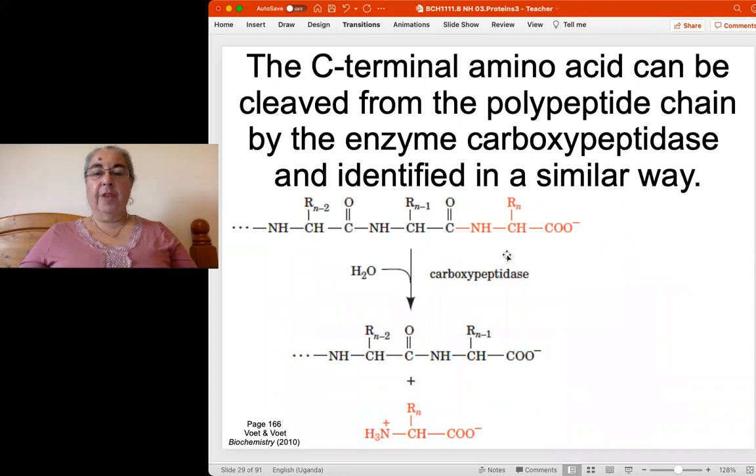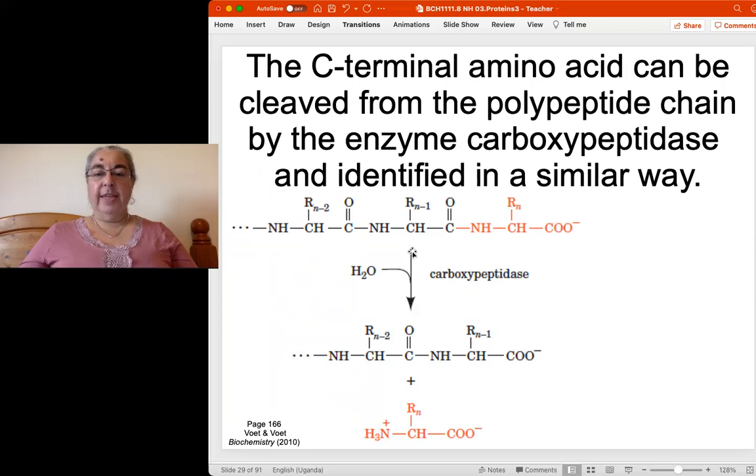By cutting it off and identifying it. So to do this, we use an enzyme called carboxypeptidase, which cuts the peptide bond at the C-terminal end of a polypeptide chain. Here is the C-terminal end of the chain, here is the C-terminal amino acid, and here is the peptide bond which joins it to the amino acid before it in the chain.